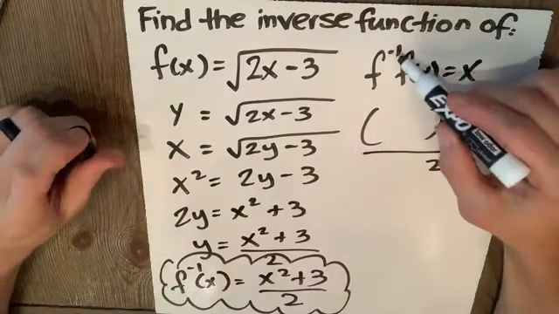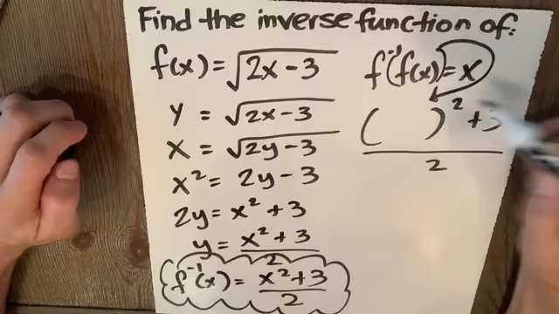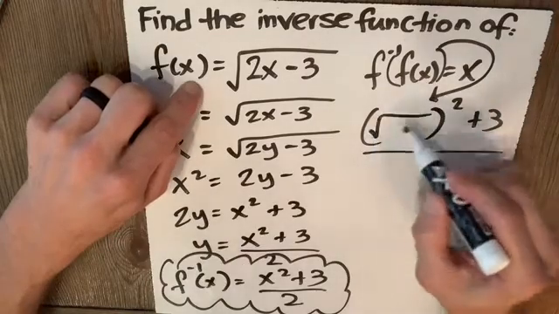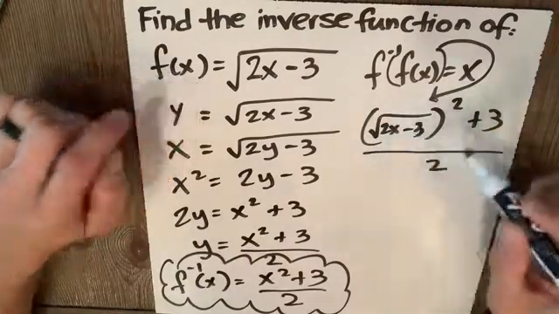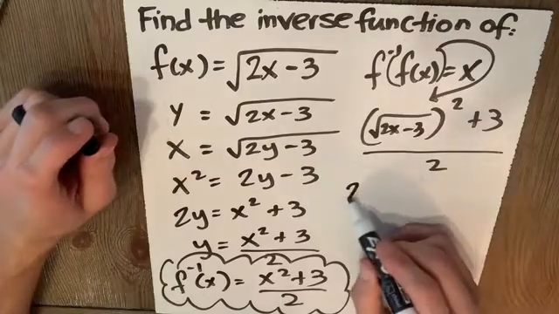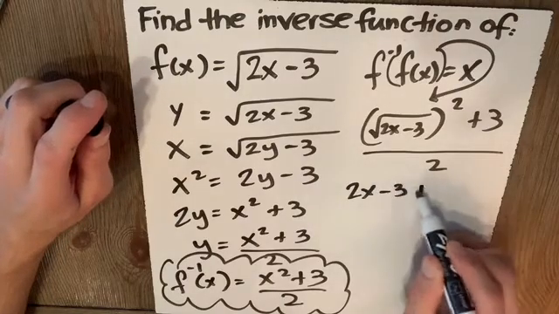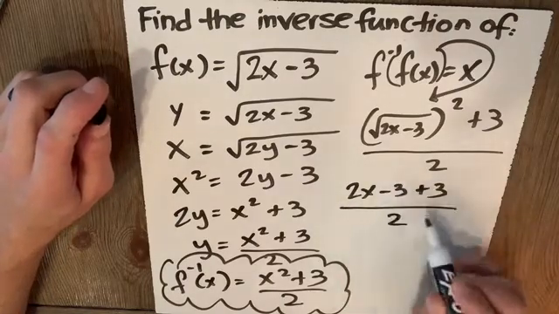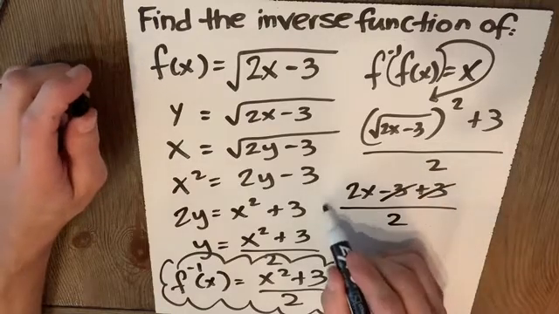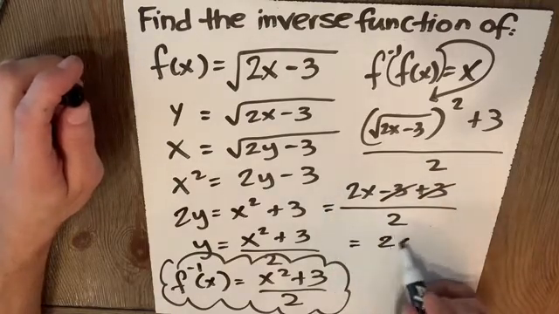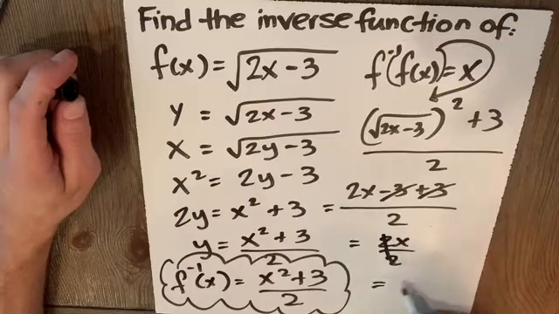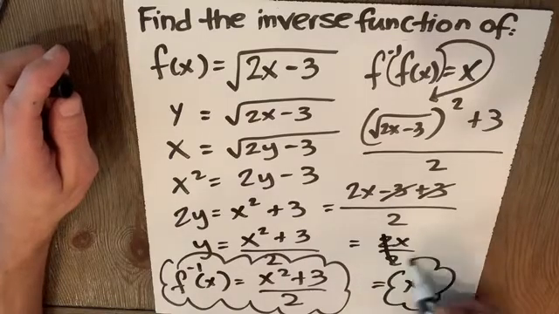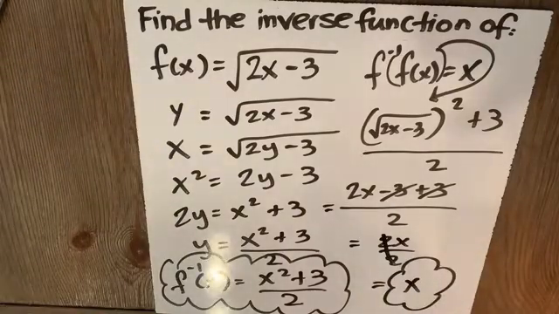And our input here is f of x. Well, what is f of x? That's the square root of 2x minus 3. Square root squared, those go off to number heaven, and we're left with this over 2. Negative 3 and 3, they go off to number heaven as well to give us 2x over 2. Cancel, gives us x. By golly, it worked, and we found the inverse again.